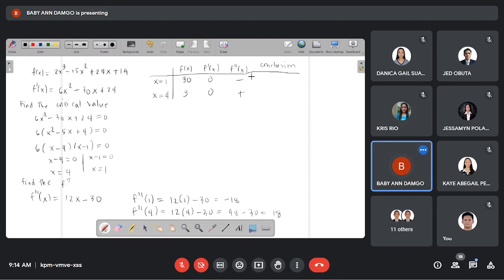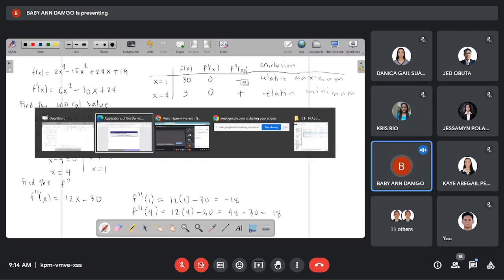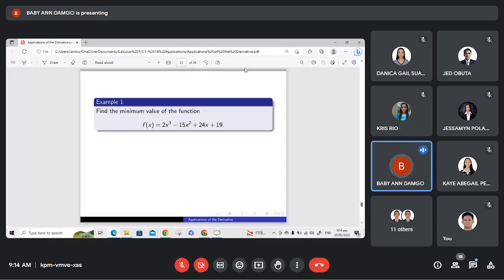Okay? So by the second derivative test, if it is negative, we have a relative maximum. If positive, we have a relative minimum. Okay? But what the question asks for is the minimum value.